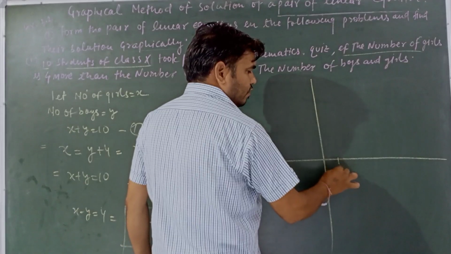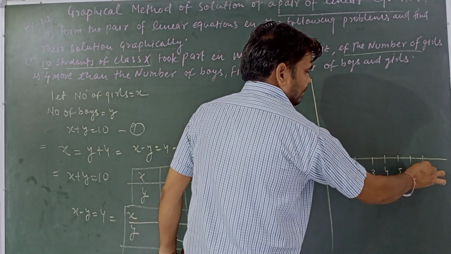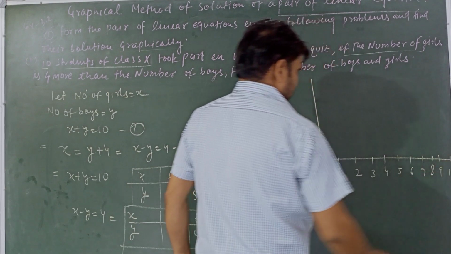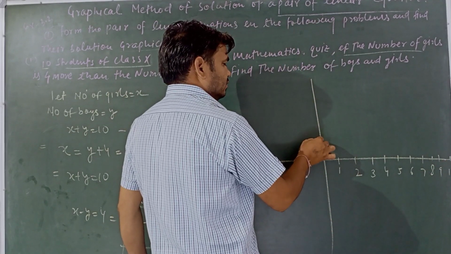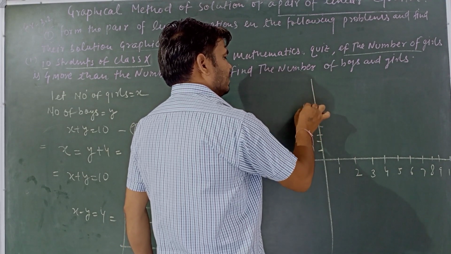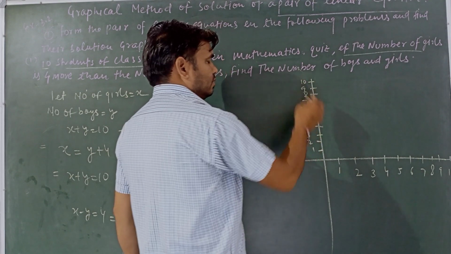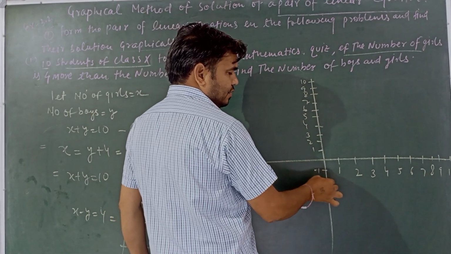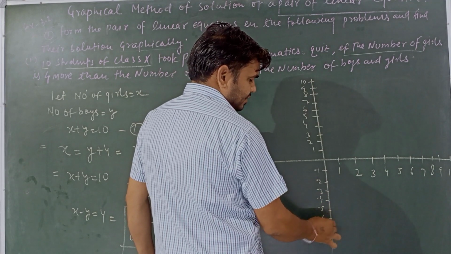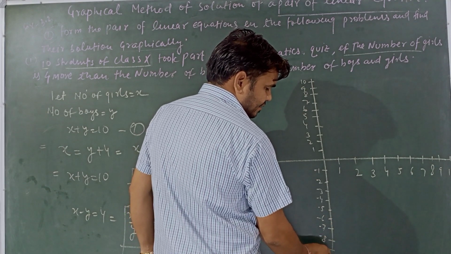We take 1, 2, 3, 4, 5, 6, 7, 8, 9 and 10 on the axes, and also minus 1, minus 2, up to minus 10.